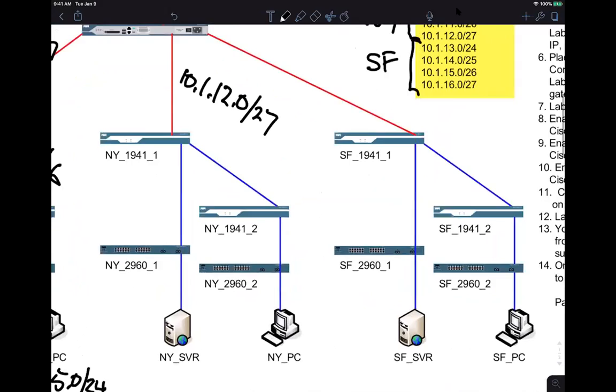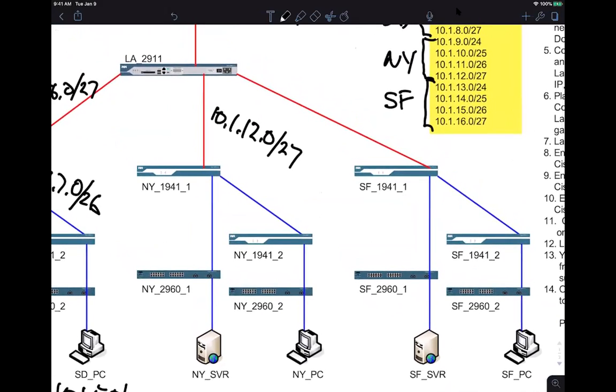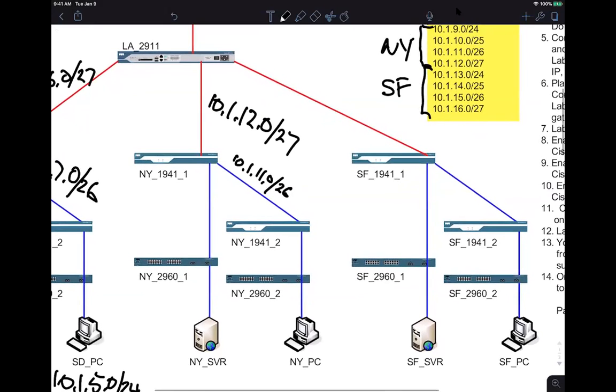This side right here, 10.1.11.0/26. And then 10.1.10.0. Yep.